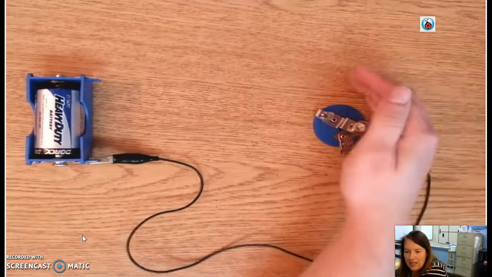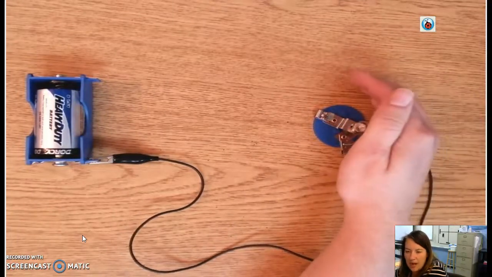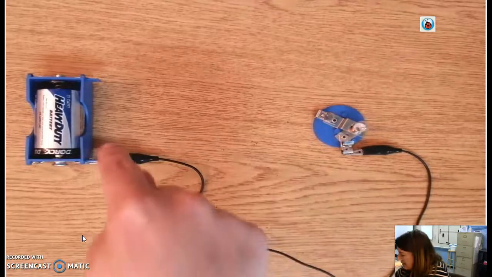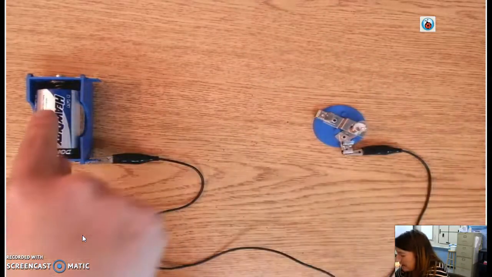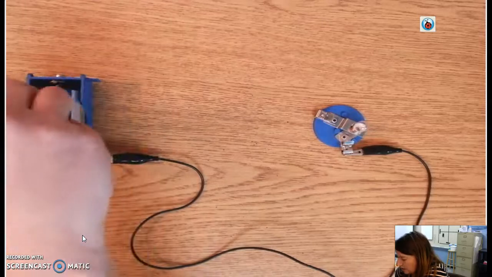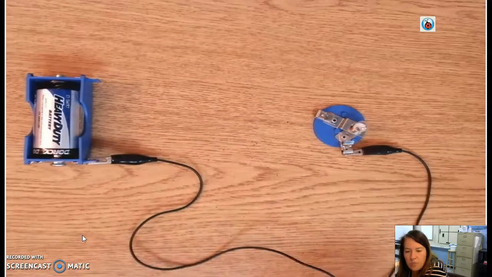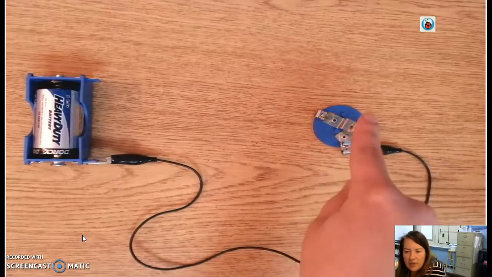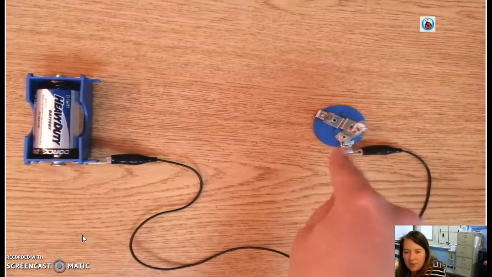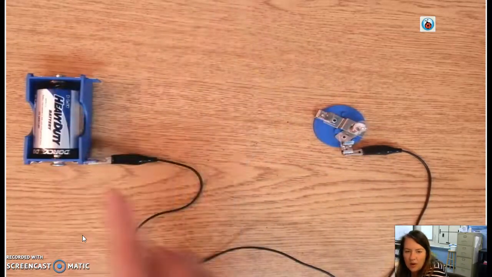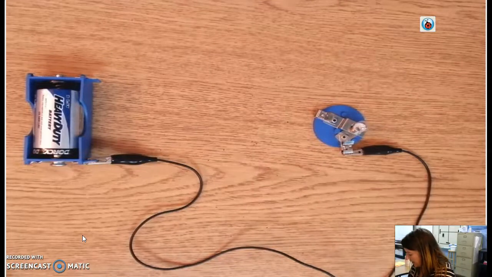The light bulb is not shining. And why is it not shining yet? Because it's not going in a complete path yet. I have energy coming out of this battery, going down this wire, going into the light bulb, but that's where it stops, right? To make it actually flow, it's going to have to keep going and go all the way around and create a full circuit.